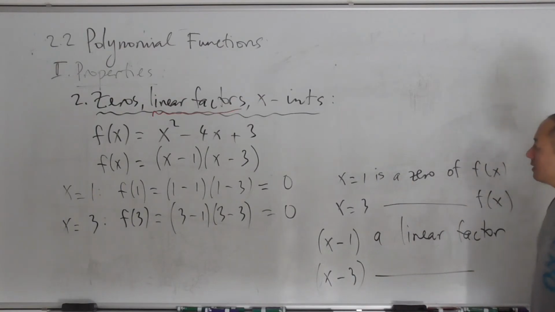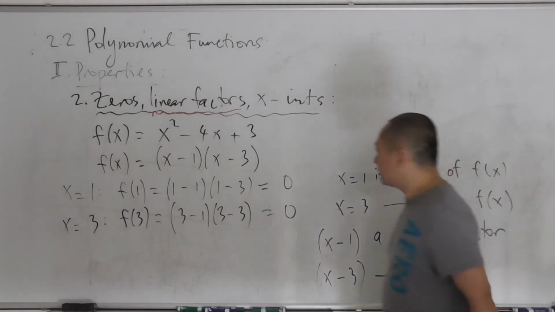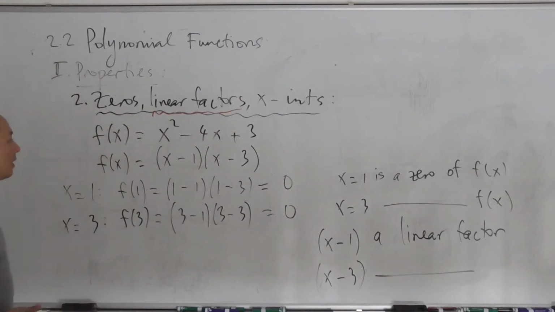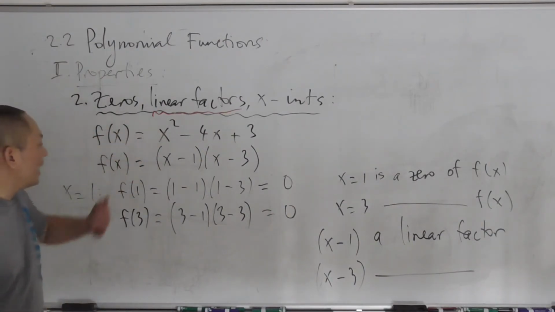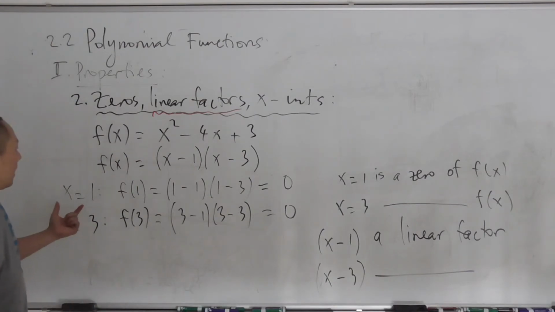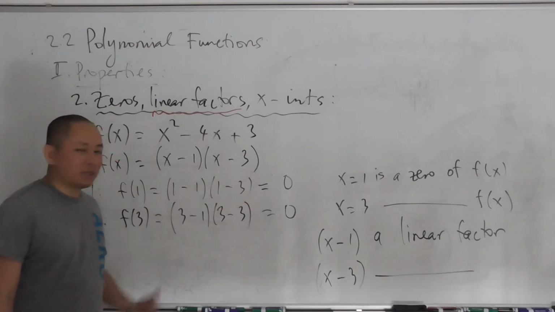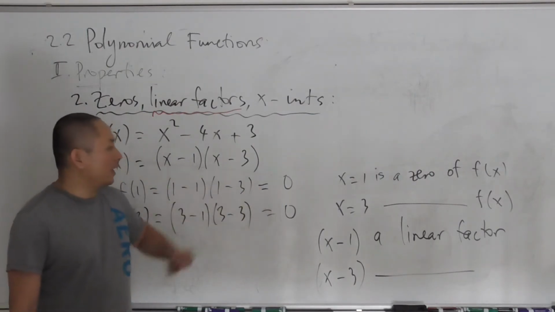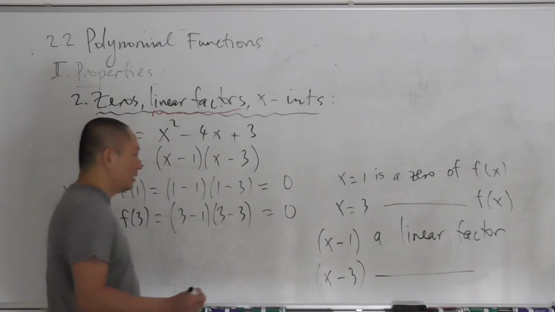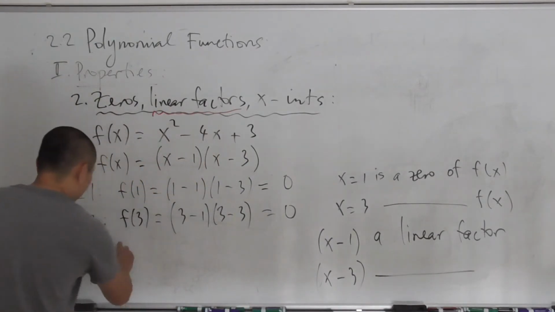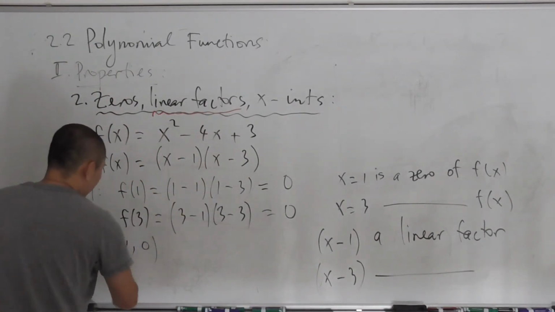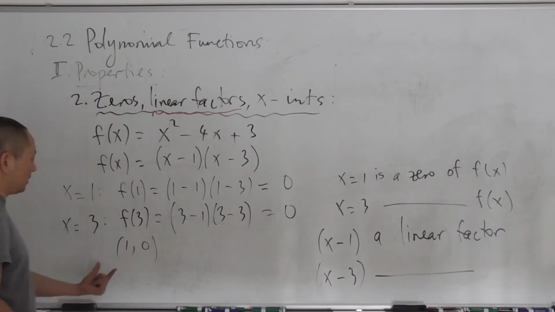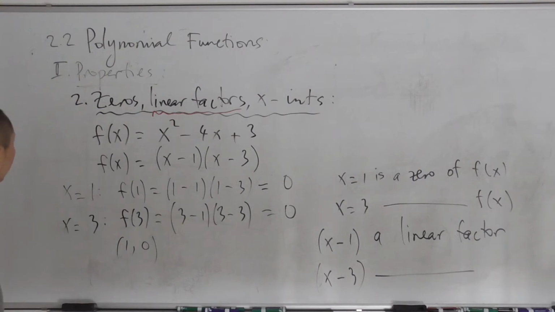And what about the x-intercept? Remember what we talked about the intersection before? To find the x-intercept, what do we do? We plug in y equal to 0, we solve for x, right? So in here, when x equal to 1, y equal to 0, in other words, 1, 0 is a point on the graph. Y equals 0, so this x equal to 1 will be the x-intercept.